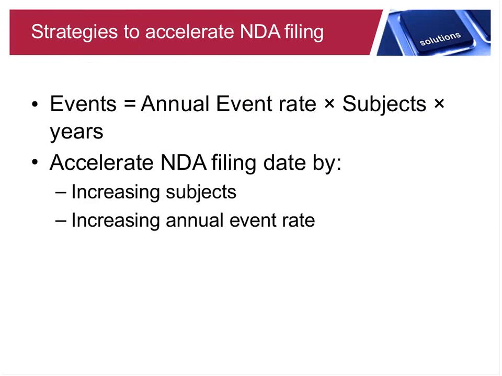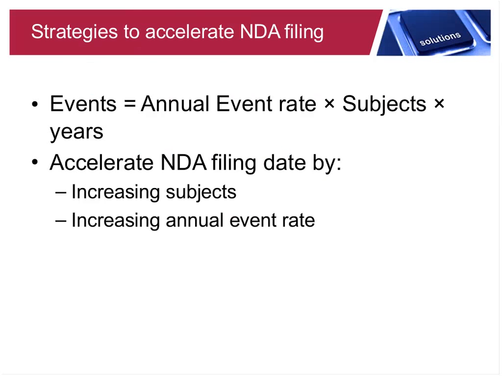As we keep in mind the strategies to accelerate the NDA filing, let's do some simple math. I'm not a statistician, so I can only do simple math. But the point that Zoran will be making is that the NDA can be filed once the 1.8 threshold is met, and the 1.8 threshold being met is determined by the statistician evaluating the MACE rate of the population and calculating the number of events that will be required to meet that threshold.